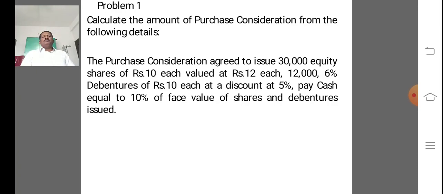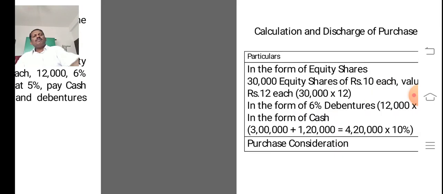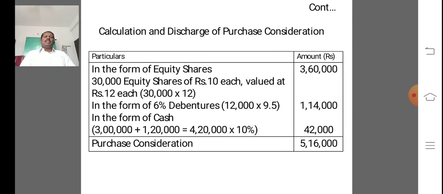And finally, cash equal to 10% of face value of shares and debentures issued. Based on this information, we calculate the discharge of purchase consideration.